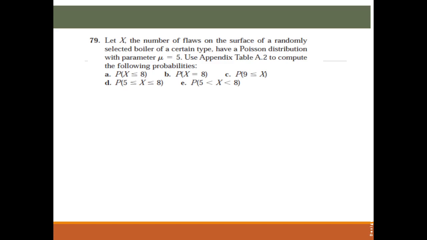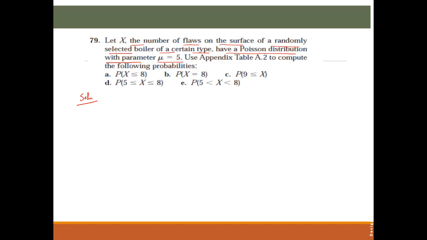So, listen carefully. Solution. Let x be the number of flaws on the surface of a randomly selected boiler of a certain type. It has a Poisson distribution with the parameter mu equal to 5, as given.